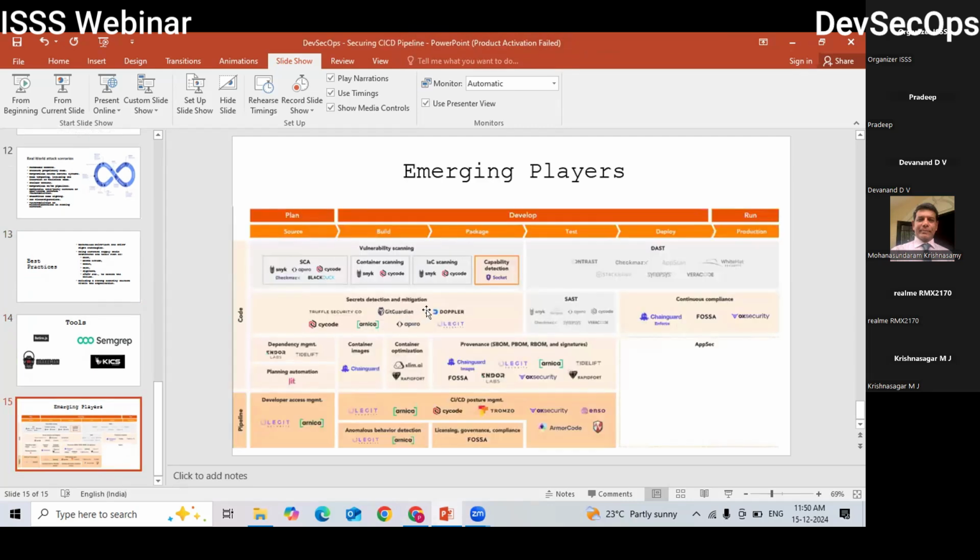These are the emerging commercial tool players available in the market. Obviously, if you're in the banking, financial services, or insurance sector, and the customer is ready to pay the money, you can always go for commercial tools as well. Each and every commercial tool has its own advantages and disadvantages.